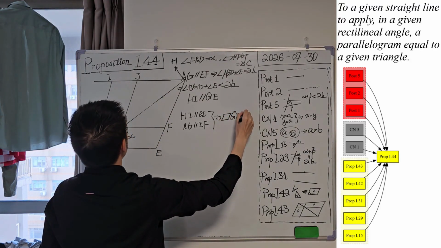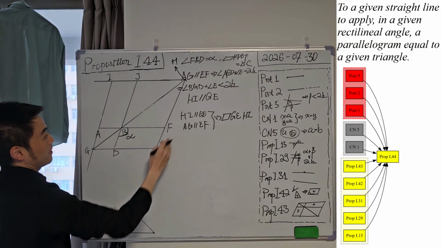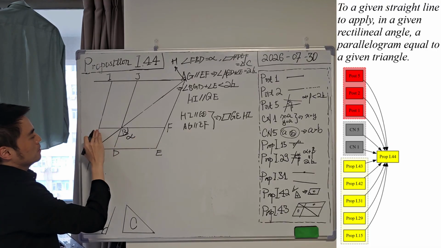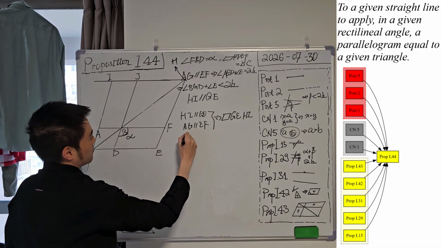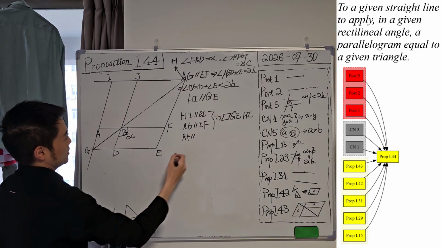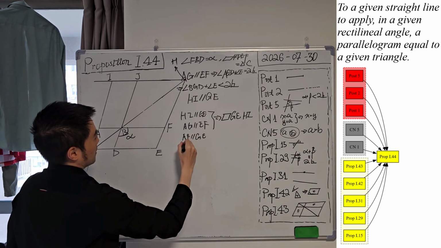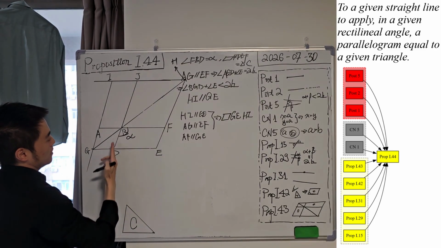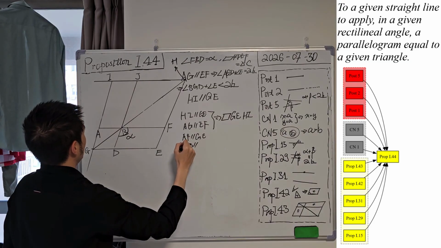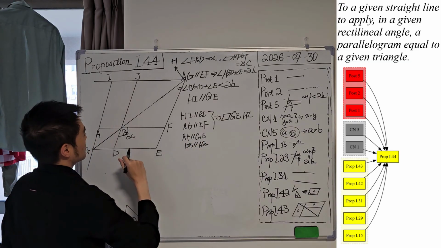GEHI, this is a parallelogram. And we've already known that AF is parallel to GE, and DB is parallel to AG, right?